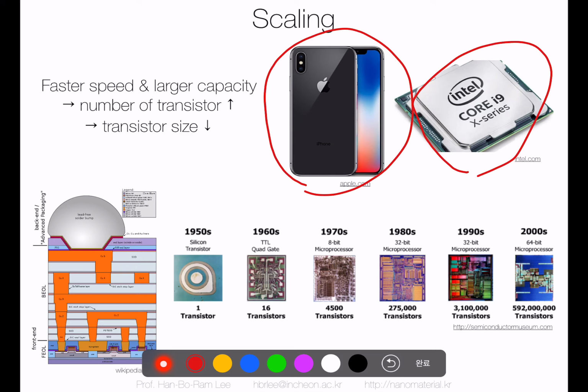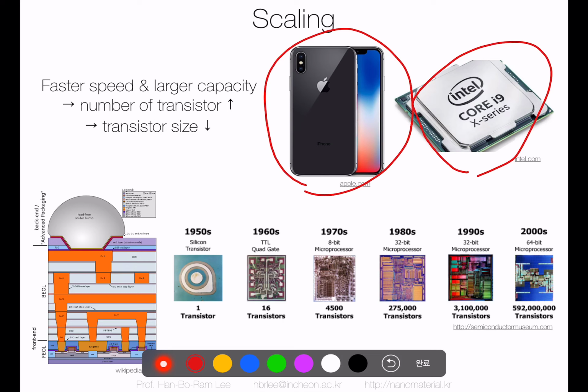Typically the chip is composed of a lot of components, but the most important component is the transistor. To increase the speed or capacity of the electronic gadget, the CPU, or the chips, we have to increase the number of transistors. But as you can see, the lateral size of the iPhone is very limited, because we have a limited size for the electronic gadget system, and a typical size for the laptop.